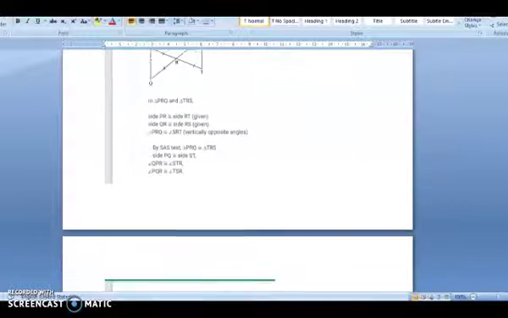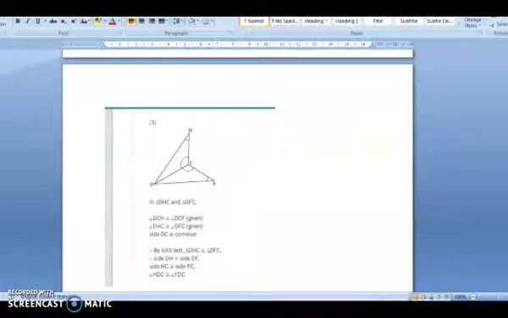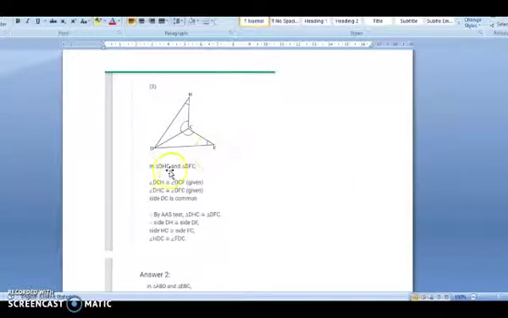So here the two triangles given are triangle DHC and triangle DFC. Angle DCH is congruent to angle DCF because this angle is common in both.